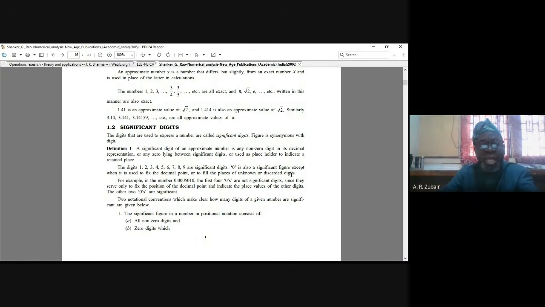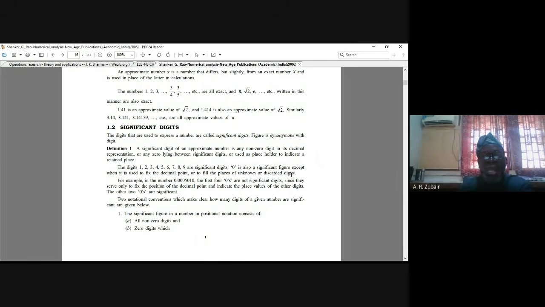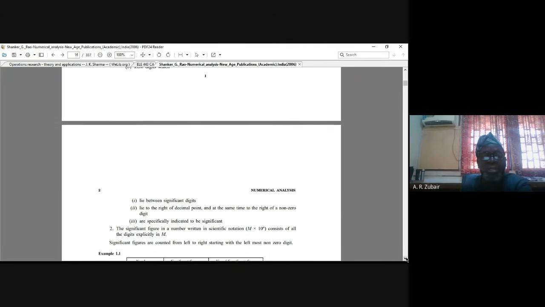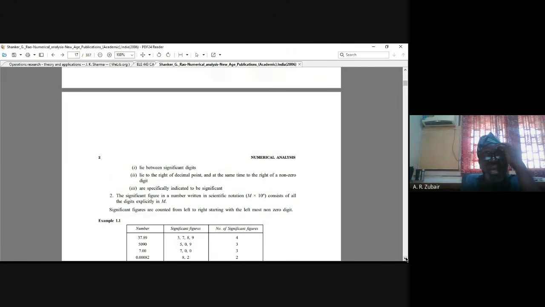Two notational conventions which make clear how many digits of a given number are significant are given below. 1. The significant figures in a number in positional notation consist of all non-zero digits and zero digits which lie between significant digits, lie to the right of the decimal point and at the same time to the right of a non-zero digit, or are specifically indicated to be significant. 2.